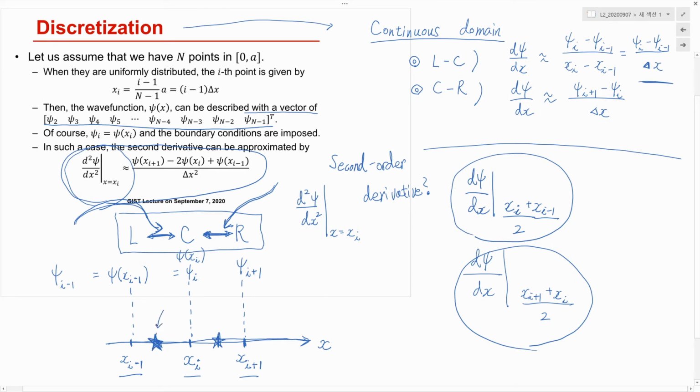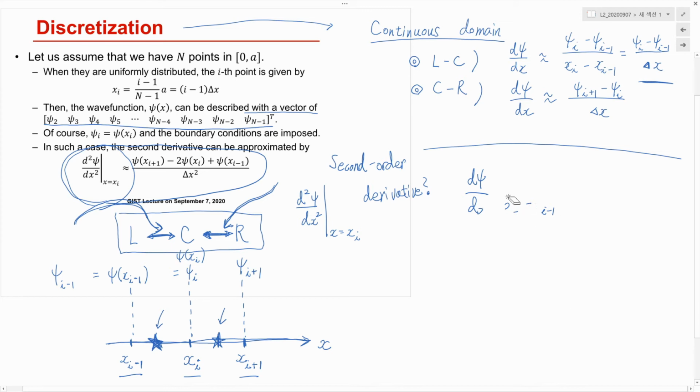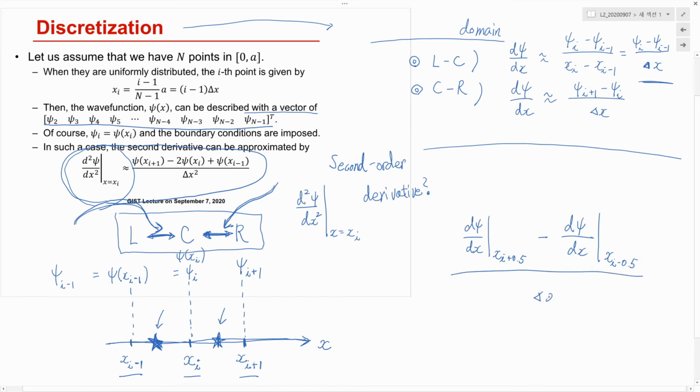What will happen? If we take once again the derivative, then we will say dpsi over dx defined at xi plus half, the notation for the midpoint between xi and xi plus 1, minus dpsi dx defined at xi minus half, divided by delta x.